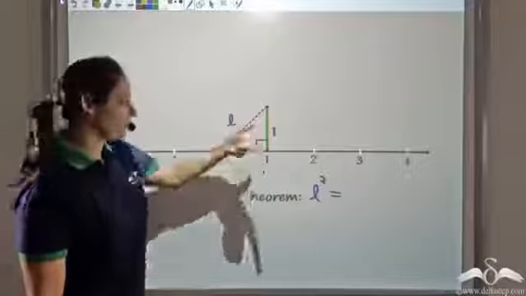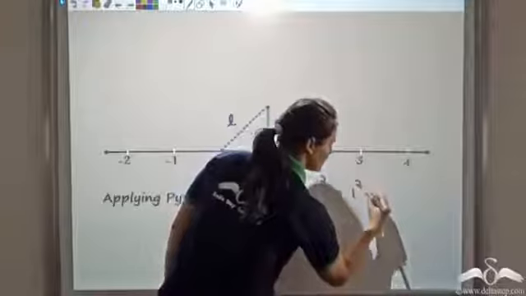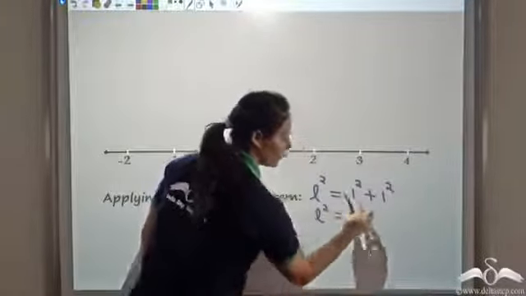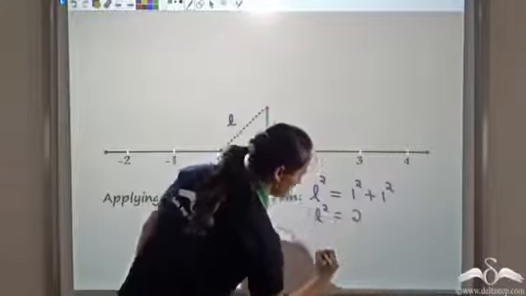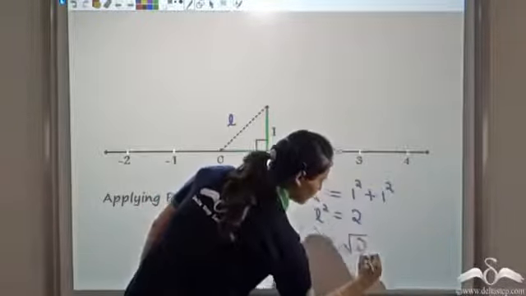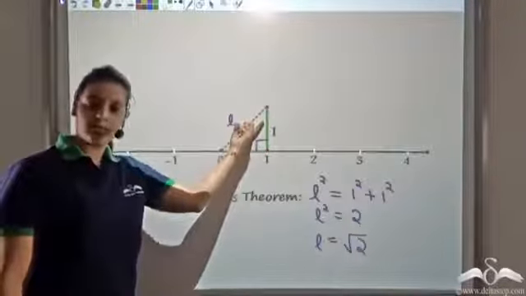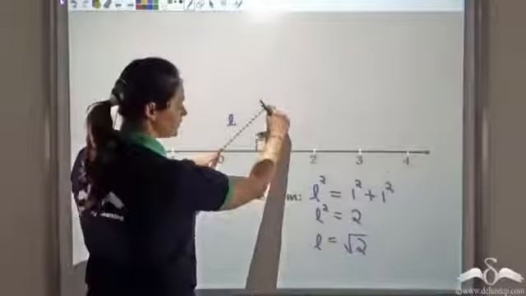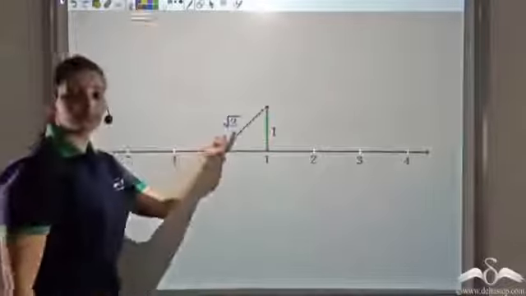This is 1, this is also 1, so L square is 1 square plus 1 square, which is 1 plus 1, which is 2. Taking the positive square root, I get L as under root 2. Why positive? Because this length has to be positive. We can ignore the negative square root. So this purple side is of length under root 2.